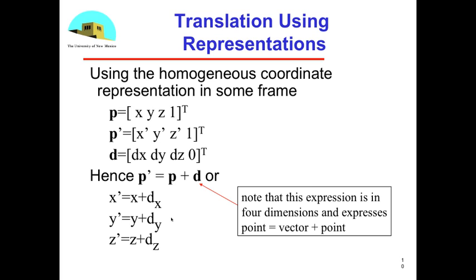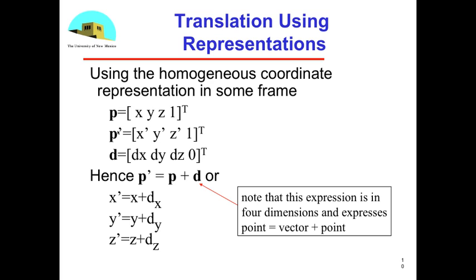The problem with that is it doesn't work with the other operations. And so I want a matrix way of doing it, that says, in order to get p prime, the new point, given p, I want to multiply by some matrix based on d that's going to give me the new point p prime.